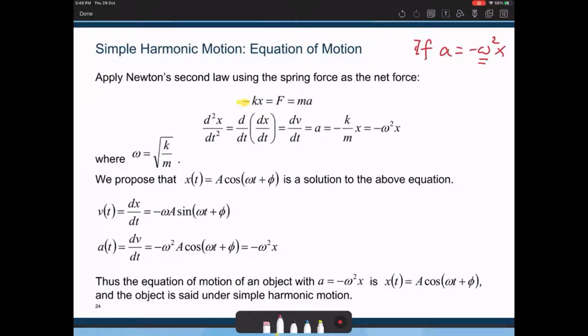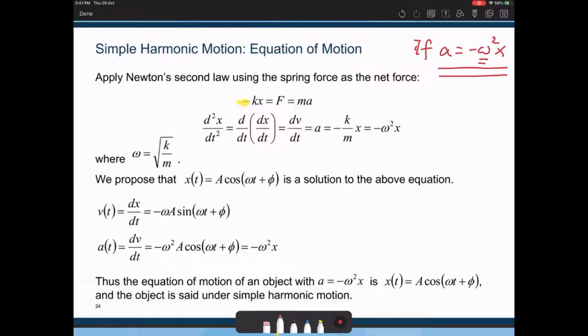So that is the general case where we would decide whether the motion is a simple harmonic motion or not. If you could write an equation such that the acceleration is equal to minus x times a positive number, then it is a simple harmonic motion.